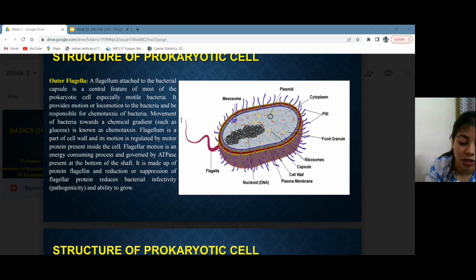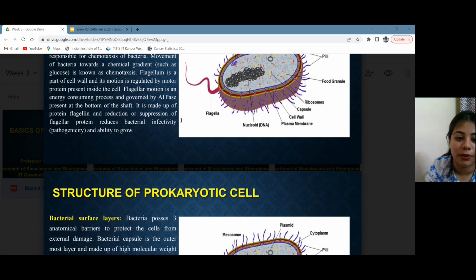Additionally, if you go into the flagella structure, it's quite complicated and a very energy expensive process. It's made up of flagellin, and the reduction or suppression of this flagellar protein actually affects its pathogenicity and its ability to grow. So this is the flagella that we talked about.